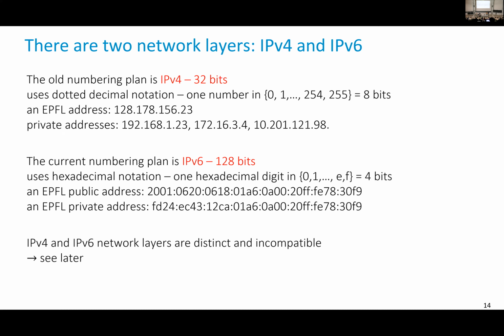Second piece of information, unfortunately, IPv4 and IPv6 are incompatible. So if you try to call a server by using IPv6 and this server works only on IPv4, it will not work. This is because an IPv6 packet is not an extension of an IPv4 packet, it's a different type of packet.